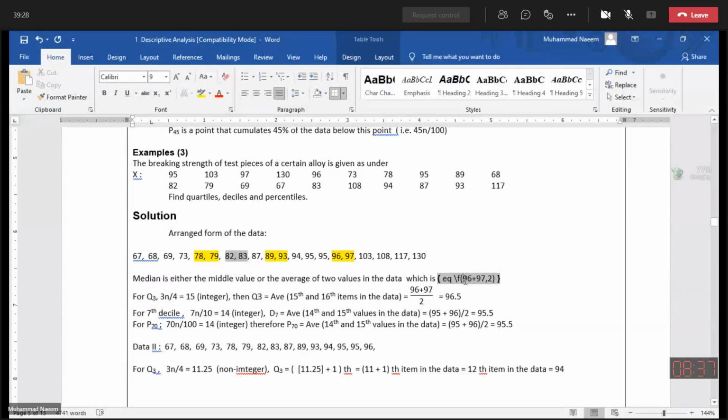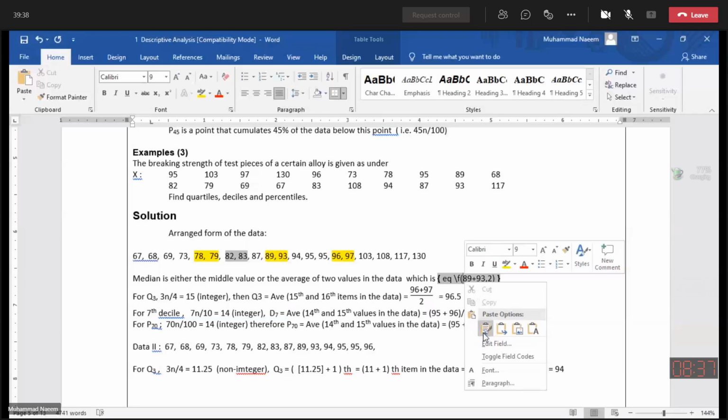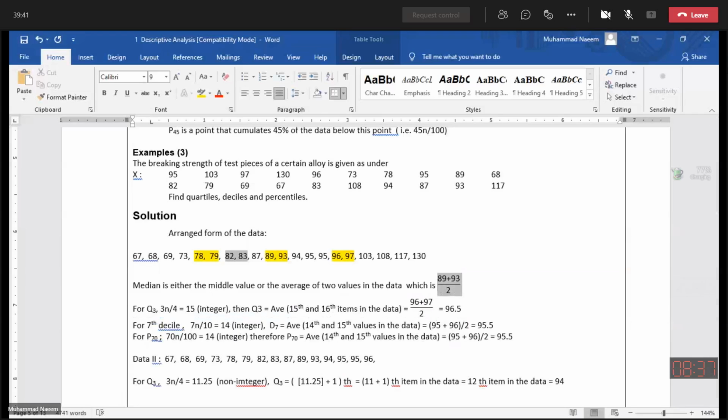The average of 89 and 93, this will be the answer. 89 plus 93 divided by 2 is 91. 91 is the answer.